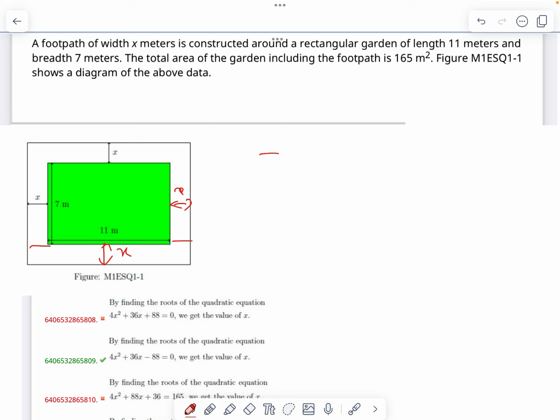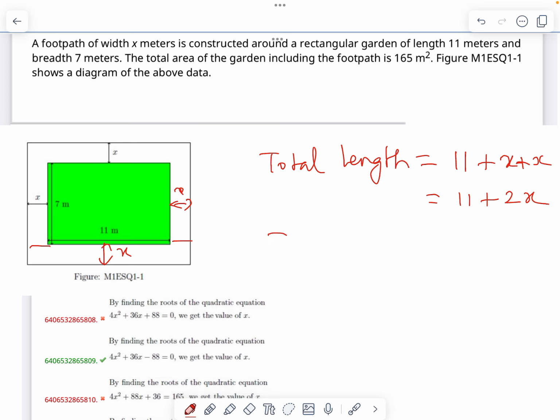Hence the total length is 11 plus x. Is that correct? Not at all. Here 1x is there, here 1x is there, so this x and this x you should add. Along with 11 meter you are going to add both the x, hence 11 plus x plus x, so 11 plus 2x.